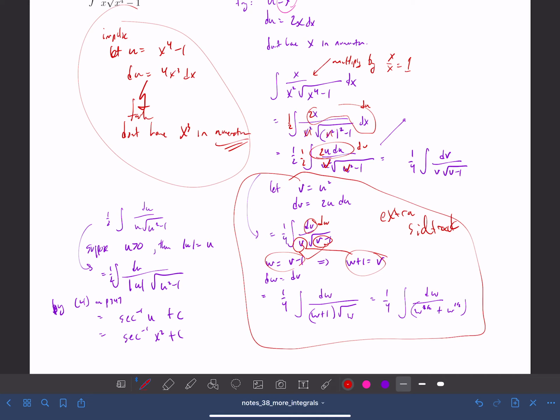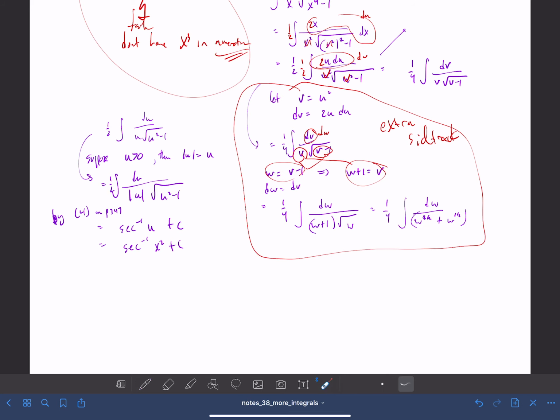So you might want to add number 4 from page 347 to that table of integrals. Go ahead and get a pen out and deface the book and add this in because it's missing. Why did they leave it out of the table? That's dumb. All right, so we have our answer: secant inverse of x squared plus c.